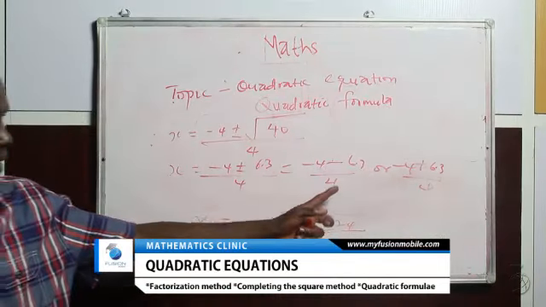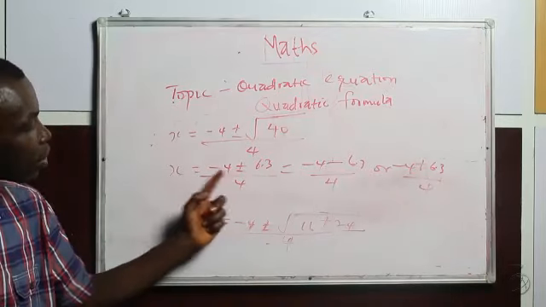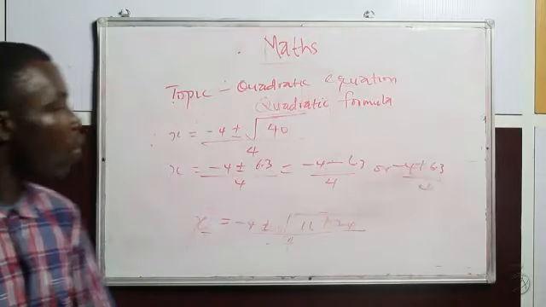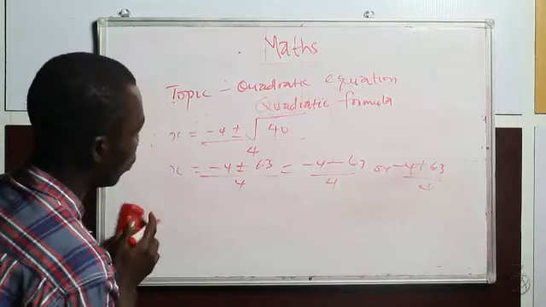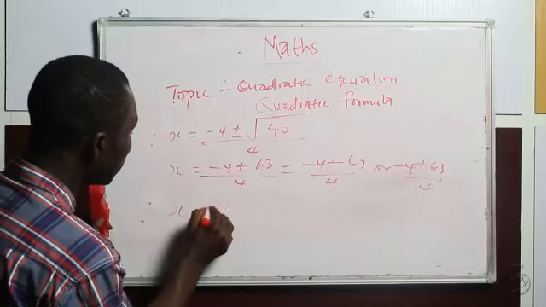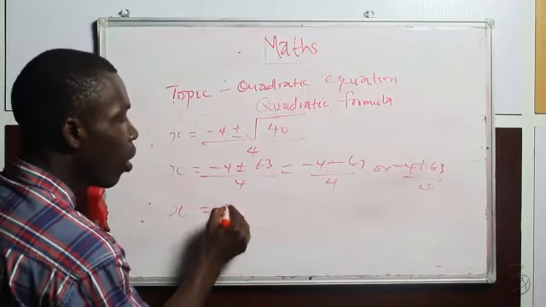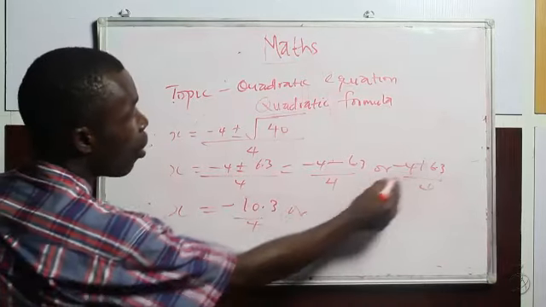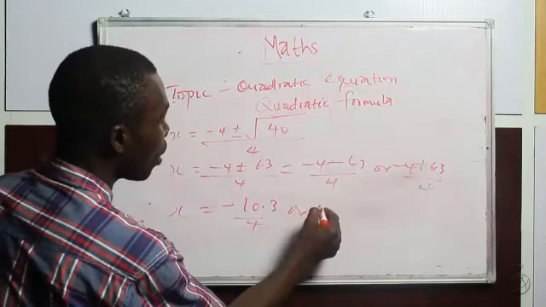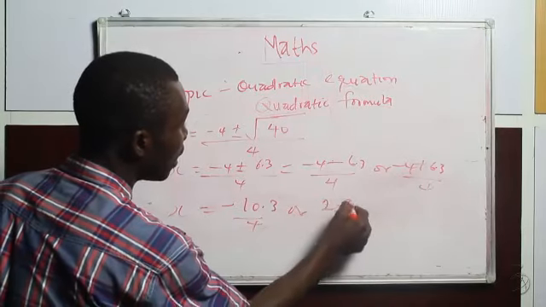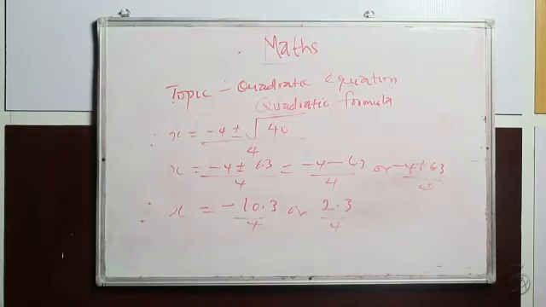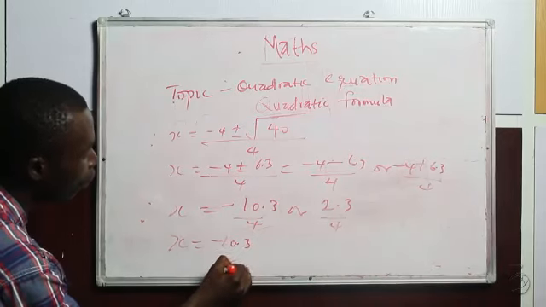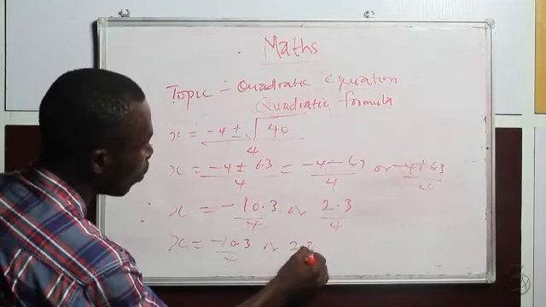So we first consider minus 4 minus 6.3 over 4, or minus 4 plus 6.3 over 4. Therefore, x is equal to minus 10.3 over 4, or 2.3 over 4.